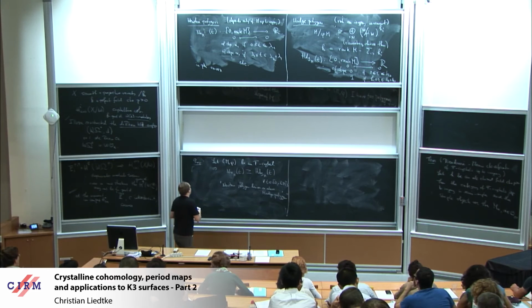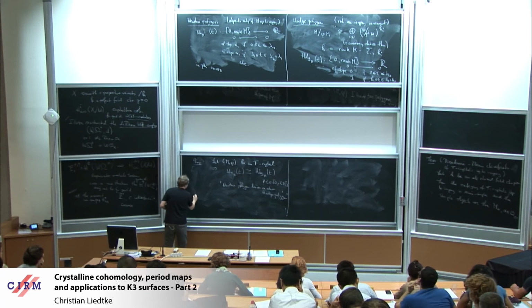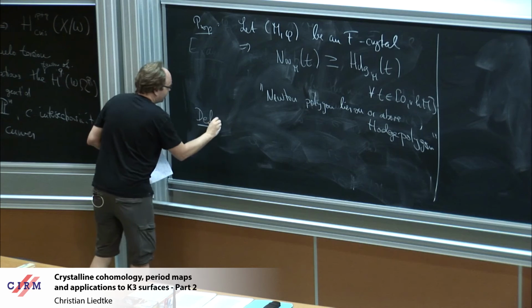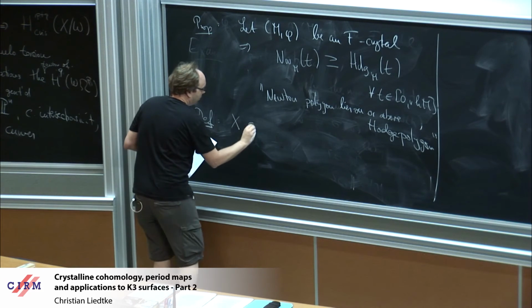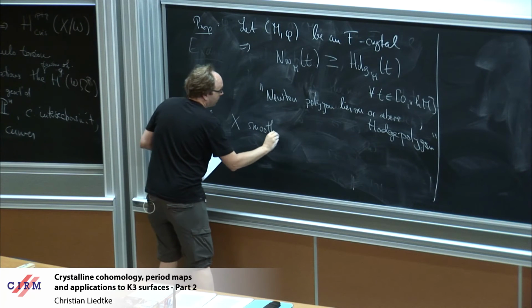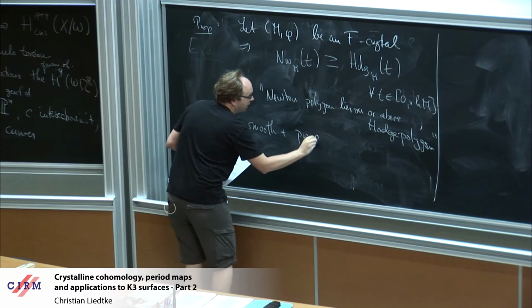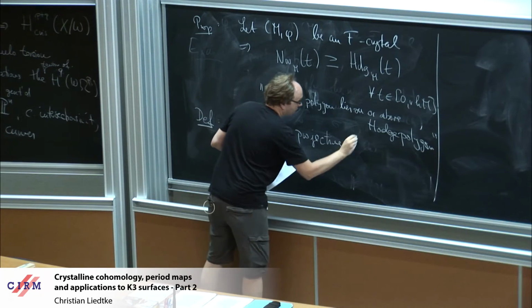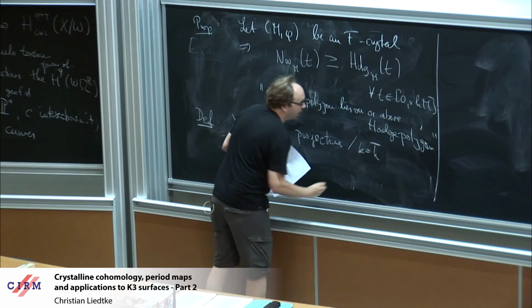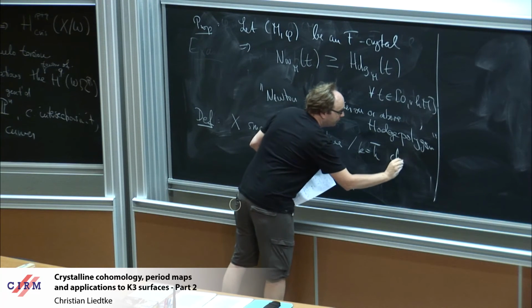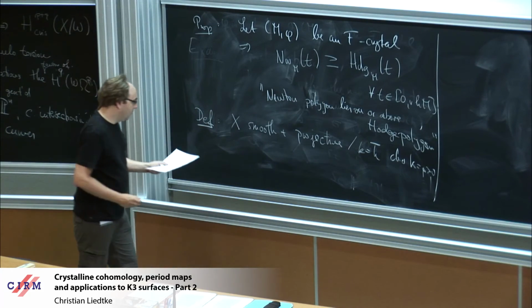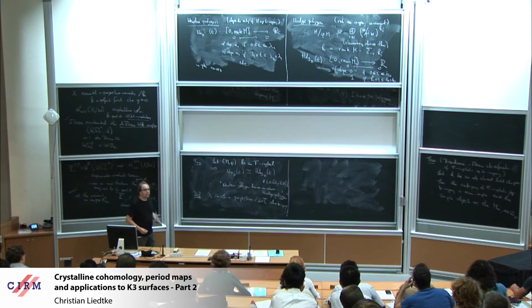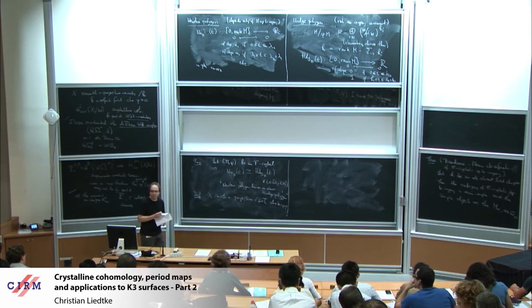Now, everything is modeled on geometry. So of course, it's natural to look at the following. If I have a smooth and projective variety, so X smooth and proper projective over an algebraically closed field of characteristic p, there is a geometric polygon which simply encodes the Hodge numbers.